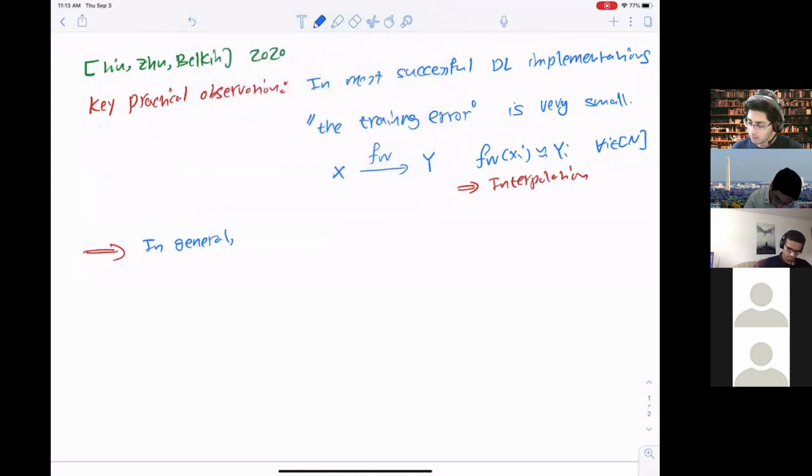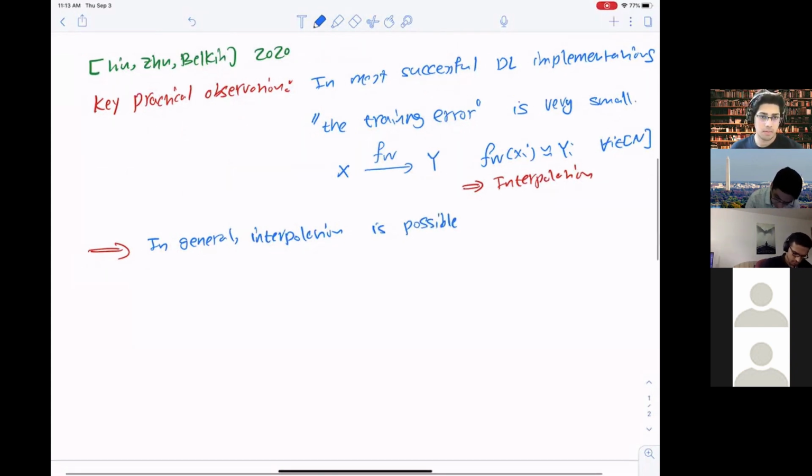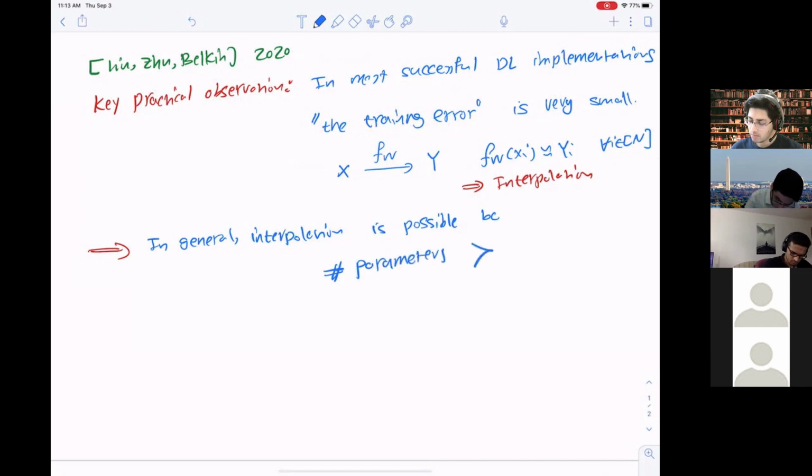In general, interpolation is possible, especially when the number of parameters in my model is larger than the number of my training samples.